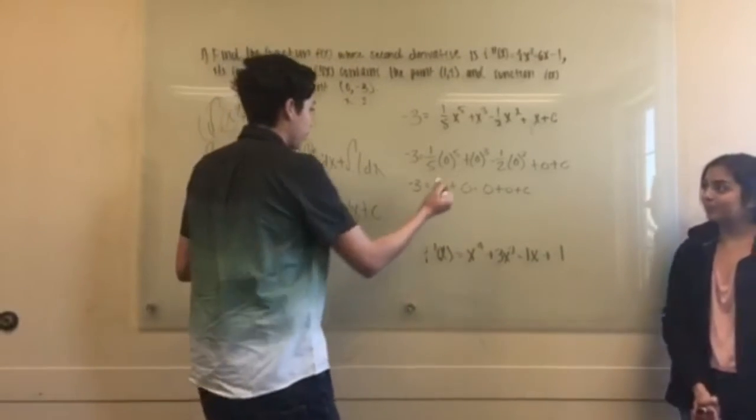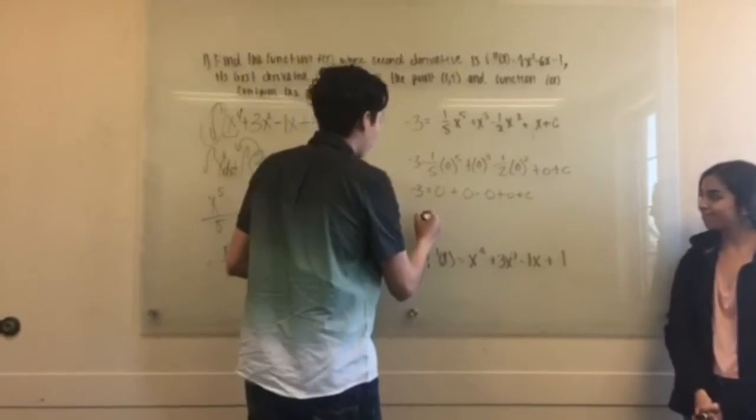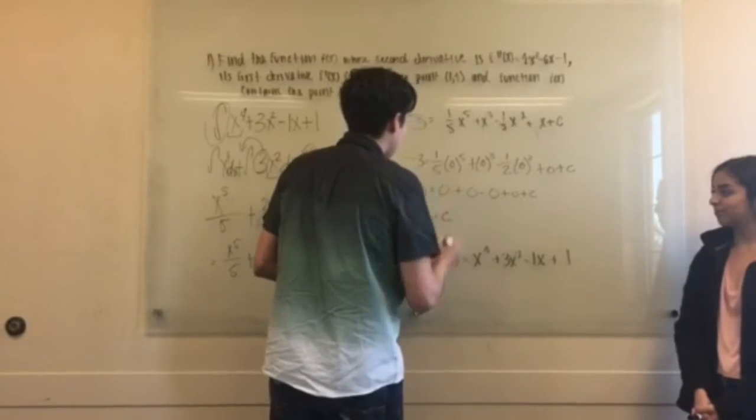So here, all of these are zeros, of course, so -3 equals c.